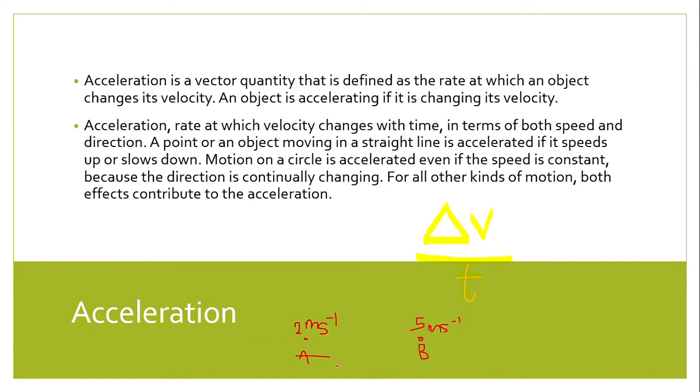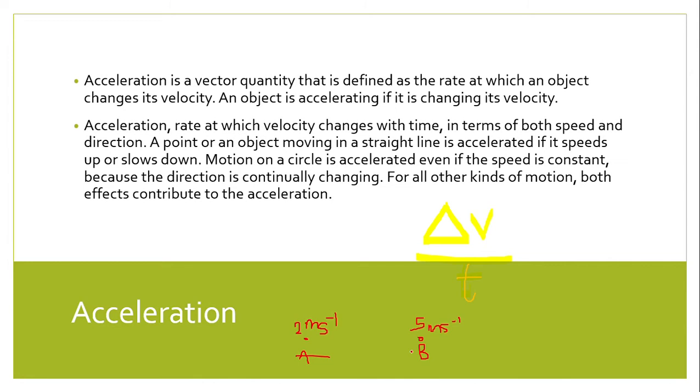So going from A to B, there is definitely an increase in velocity, so I say that the object is indeed accelerating. However, when the object is moving from B to A, it is again accelerating.